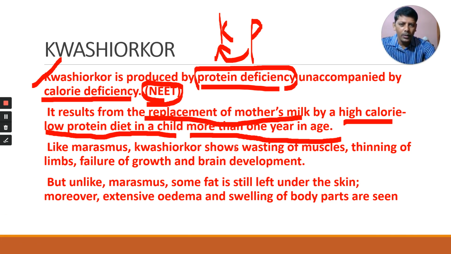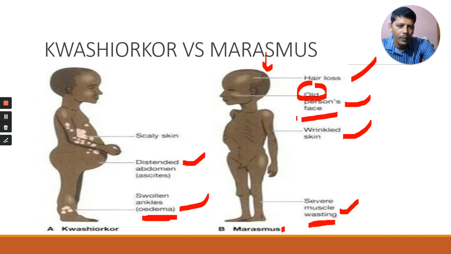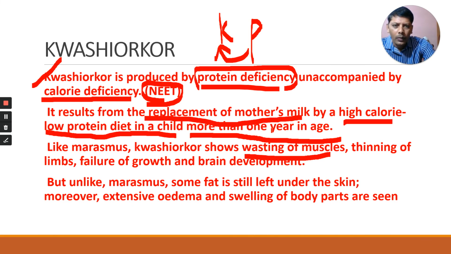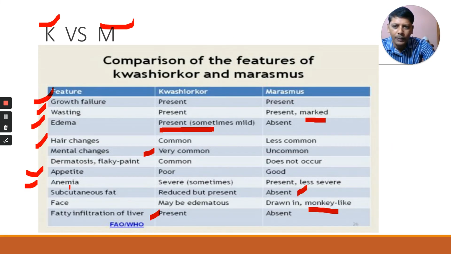Like Marasmus, Kwashiorkor shows wasting, as I told you in this table. There is wasting present, but here well marked wasting is more. Wasting of muscles, degeneration and thinning of limbs. So in Kwashiorkor, thinning of limbs takes place.